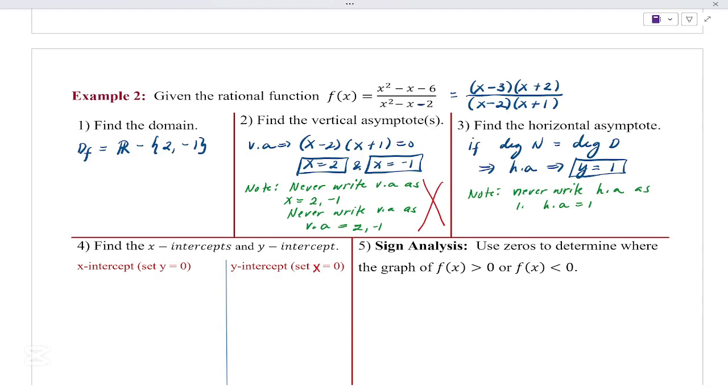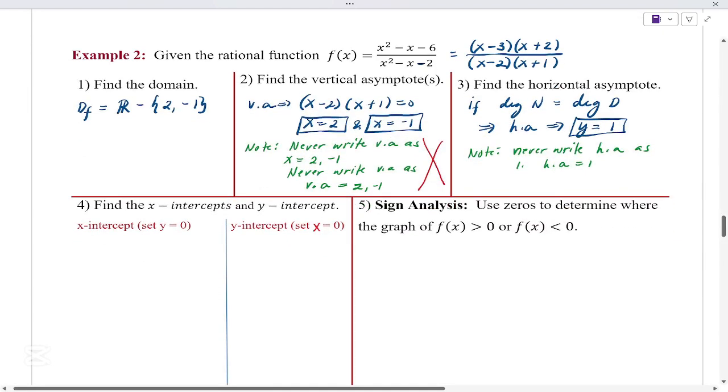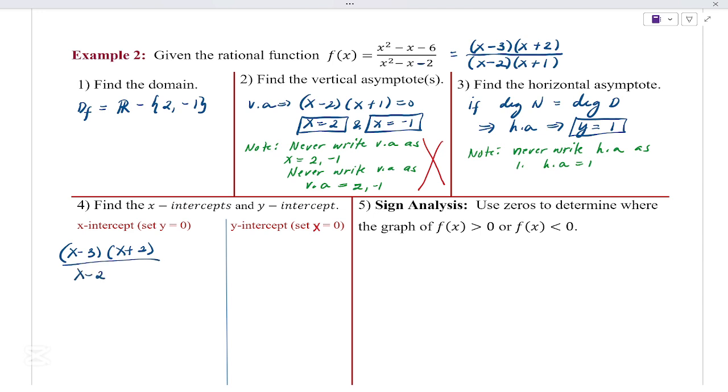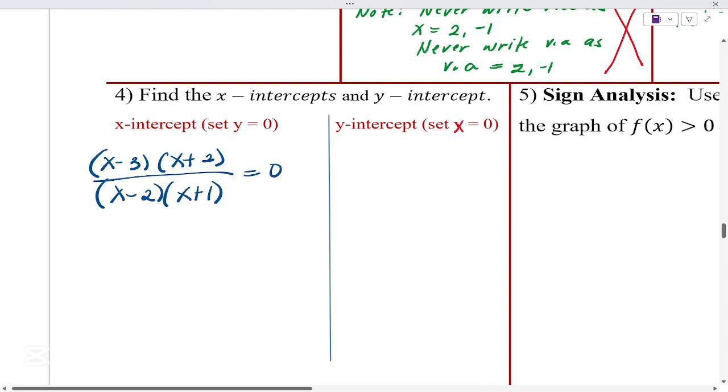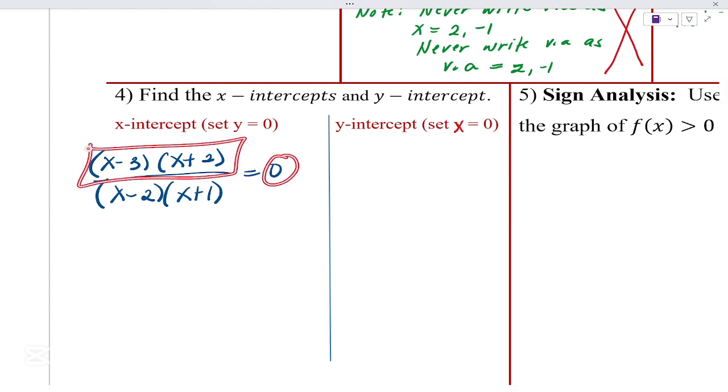And to find the x-intercepts and y-intercepts, for the x-intercept we set y equal to 0. So putting the function as (x minus 3)(x plus 2) divided by (x minus 2)(x plus 1), equating this to 0. This fraction is equal to 0 when the numerator is 0 because the denominator cannot be 0.